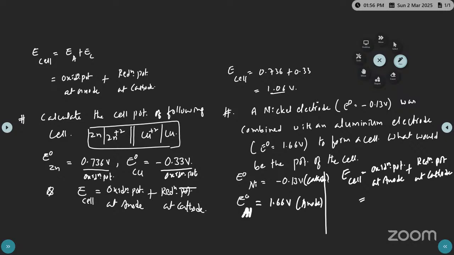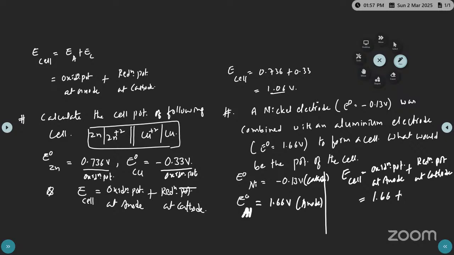See, at anode the given potential is positive. Positive means oxidation potential. Since oxidation reaction occurs at the anode, oxidation potential is positive, and the opposite potential is negative. They gave positive, so the given potential is oxidation potential at anode. We require oxidation potential at anode, so directly substitute 1.66 plus the reduction potential at cathode.